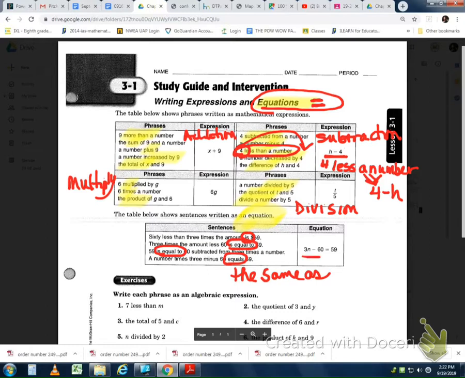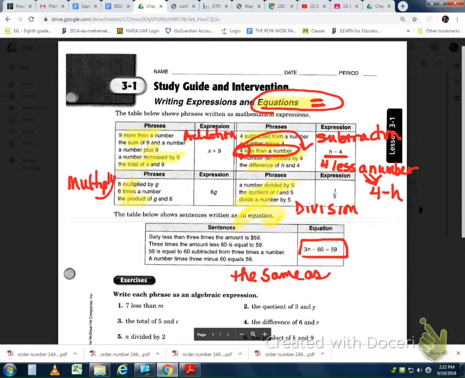So the equation they gave us is 3n minus 60 equals 59. So notice, when I go back and look at these, 60 less than 3 times the amount is 59. The is makes you realize it is an equation. 3 times the amount less 60 is equal to 59. So those are some ways that you're going to have an equation versus just writing an expression.